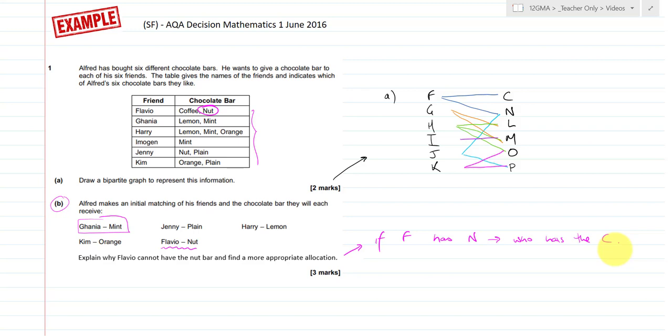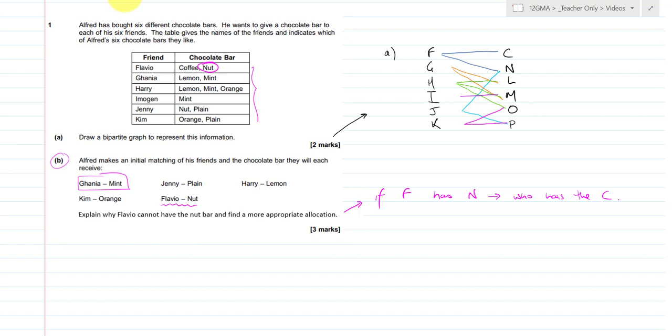So of course our answer is that we connect Flavio to coffee, which means coffee is done, Flavio is done. Flavio won't have the nut, which means nut can only be had by Jenny. So Jenny and the nut bar, which means Jenny's done, nut's done. Jenny won't have plain, which means Kim has to have plain. So Kim's done, plain's done.